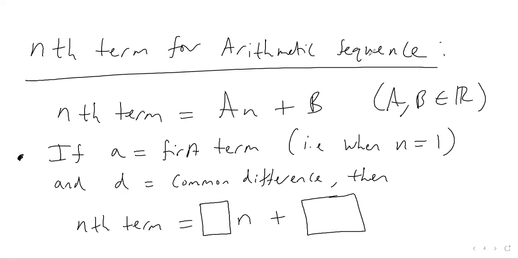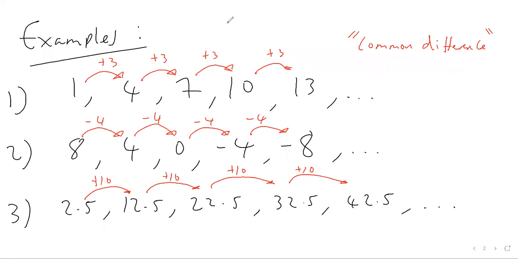How about the nth term for a linear or arithmetic sequence? As you know, with linear sequences, the nth term is a number times n plus or minus another number. We looked at this before in the linear sequences class. When a is the first term and d is the common difference, the nth term is going to be d times n. Let's take the first sequence.